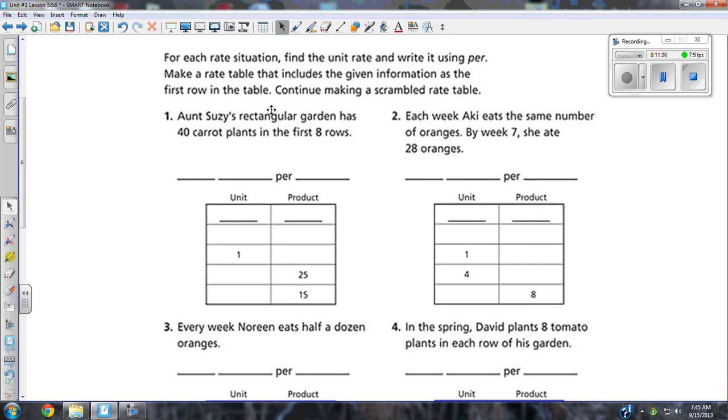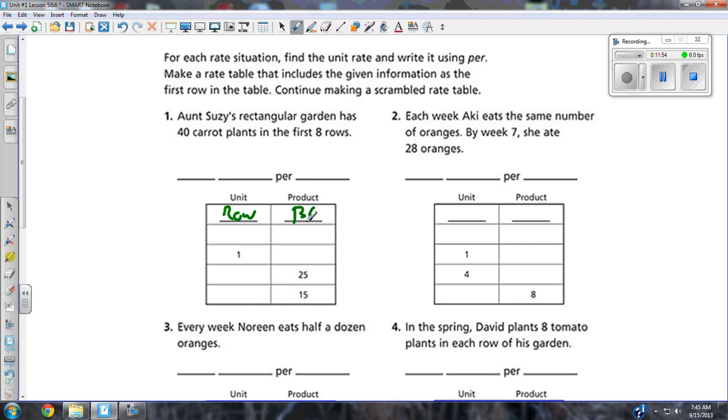Well, we know that there are eight rows in the first 8 rows, and that there are 40 carrot plants in all. So on the line, your unit would be rows, and your product would be plants.